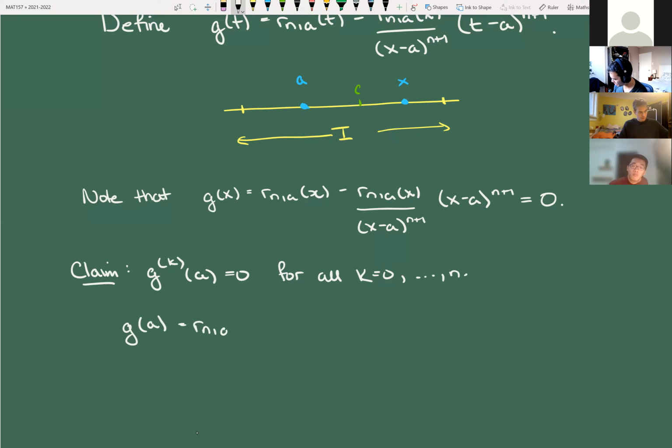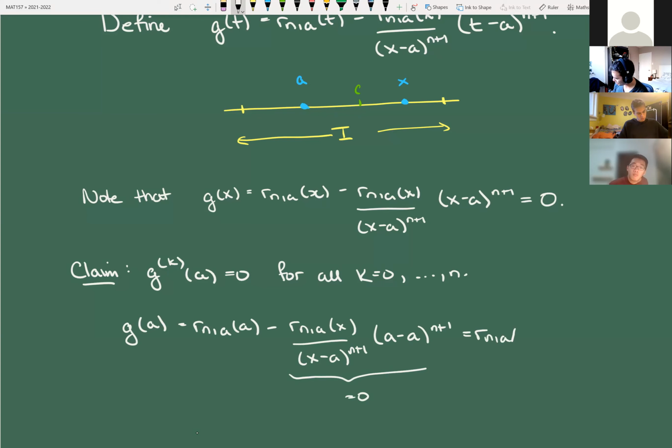So we're going to get R_n,a of a minus R_n,a of x divided by x minus a to the n plus 1, times a minus a to the n plus 1. Okay, so this term definitely is 0 here, right? So this just leaves us R_n,a of a, but we know that that's 0.